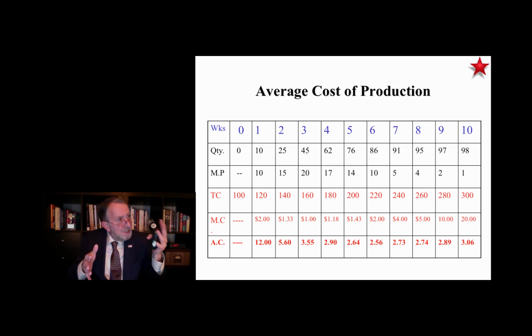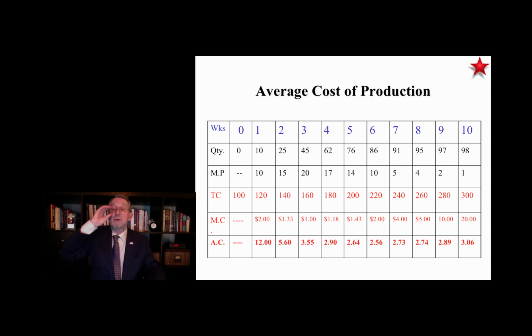And then it falls to 2.90, then it falls to 2.64, 2.56, up to that point. So at first, average cost is falling very dramatically and then continues to fall to a certain point less rapidly. The major reason for that initial decline being as rapid as it is the reduction in average fixed cost.